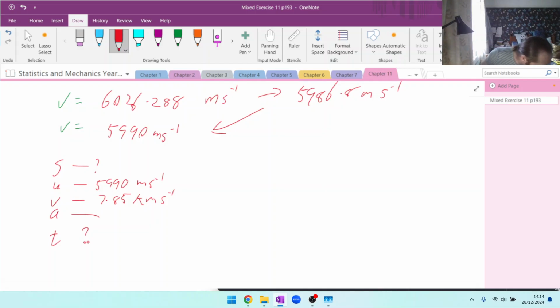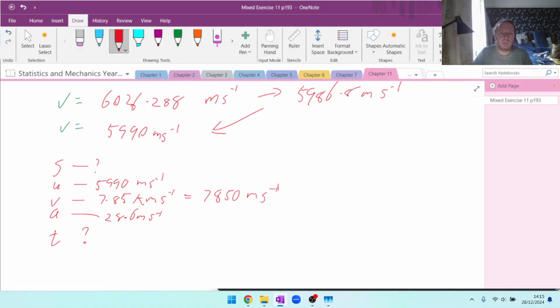Oh, constant acceleration of 28. I do know it. 28.6 meters a second minus 1. Okay, so if we're doing 7.85 kilometers, we are doing 7,850 meters a second. Okay, by the time we finish that up.